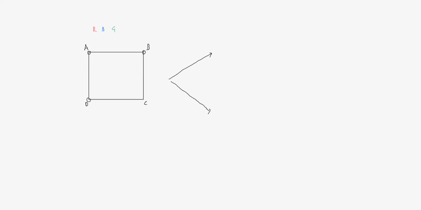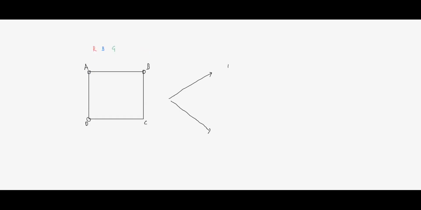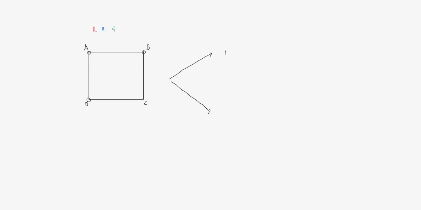Case one is that B and D have the same color. Let's write B is equal to D, to be very specific. And the other case, B is not equal to D.